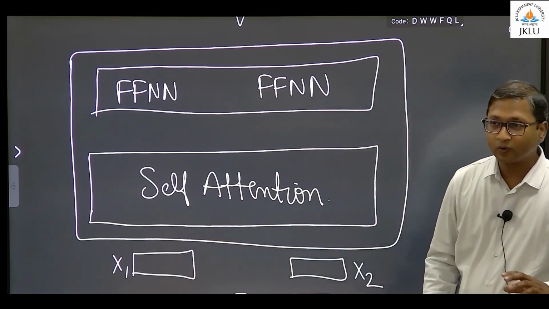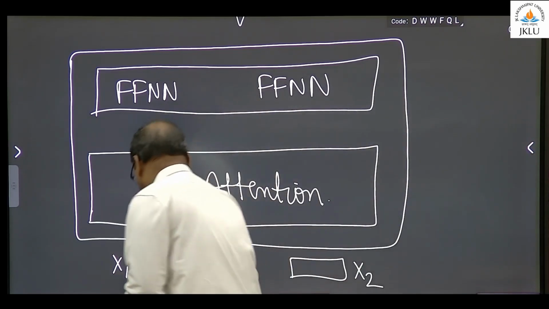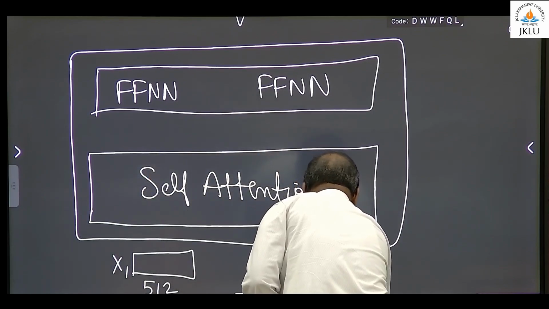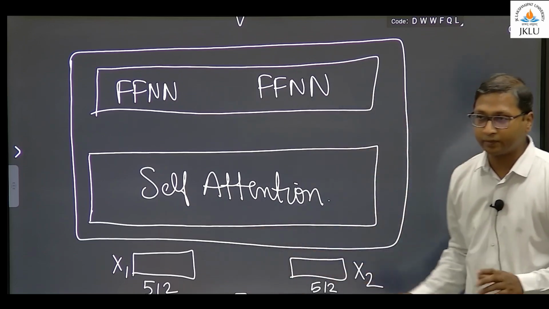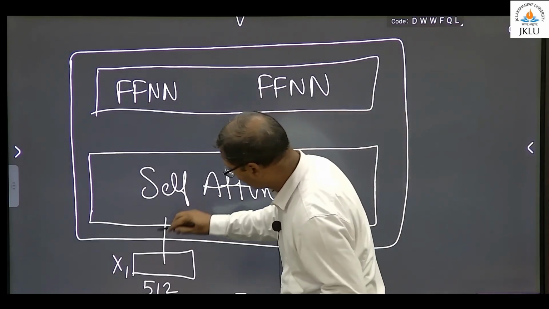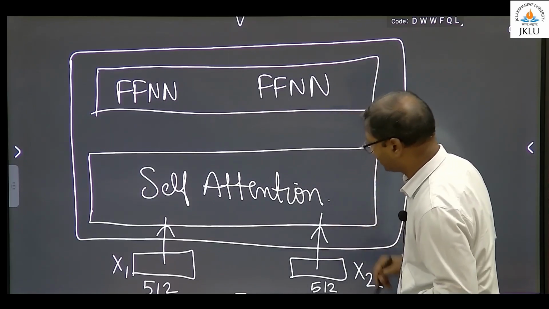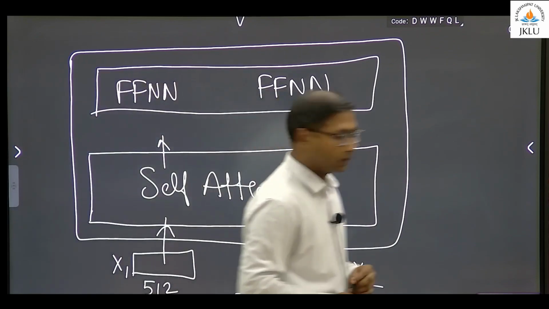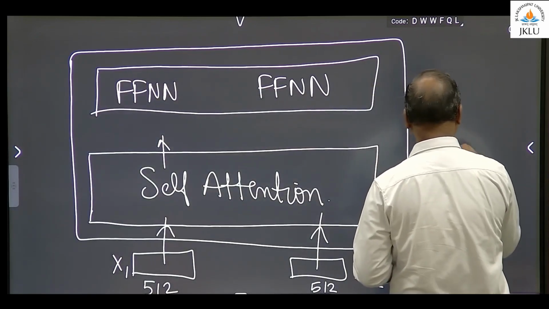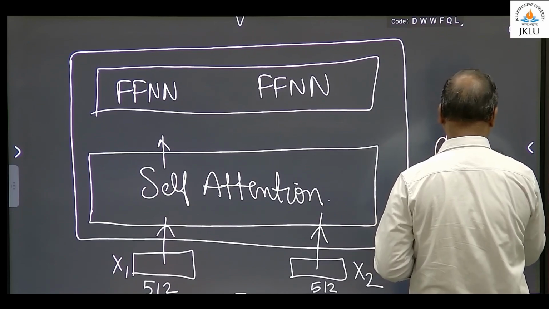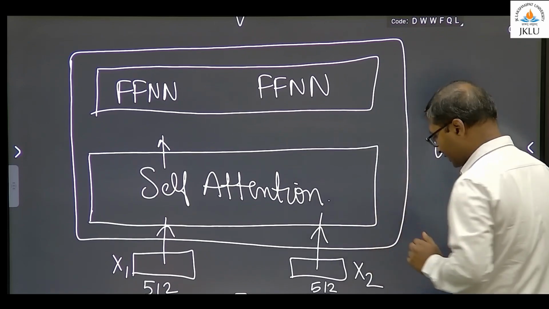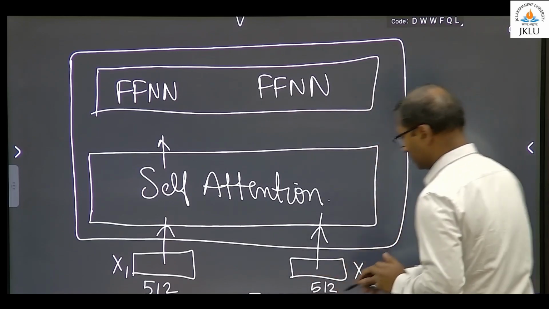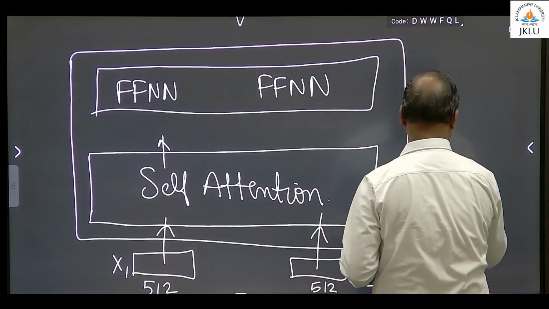What are the dimensions of X1? 512. X2, 512. Everybody is 512 dimensional and goes in as input here. And then what is the output here? There is something called D model that they don't define in this paper, I think, but it is defined in the later GPT ones, so I'll use that from here.